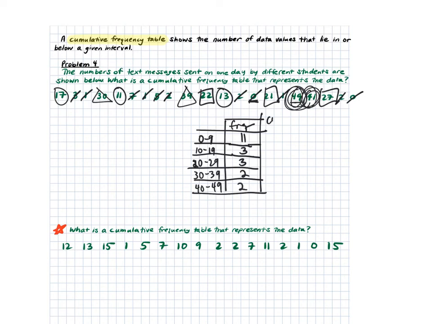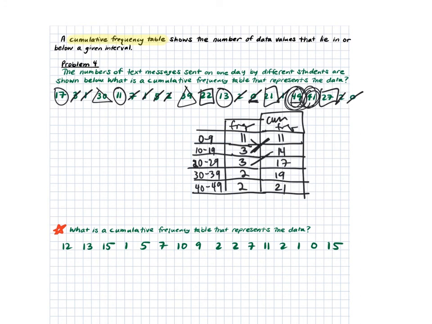Okay, so then the cumulative frequency is going to be: start with the first row and then add these 2 rows. This is 14. Okay, then add these 2 rows. Actually, you just always add these 2. 17 plus 2 is 19, and then 21.